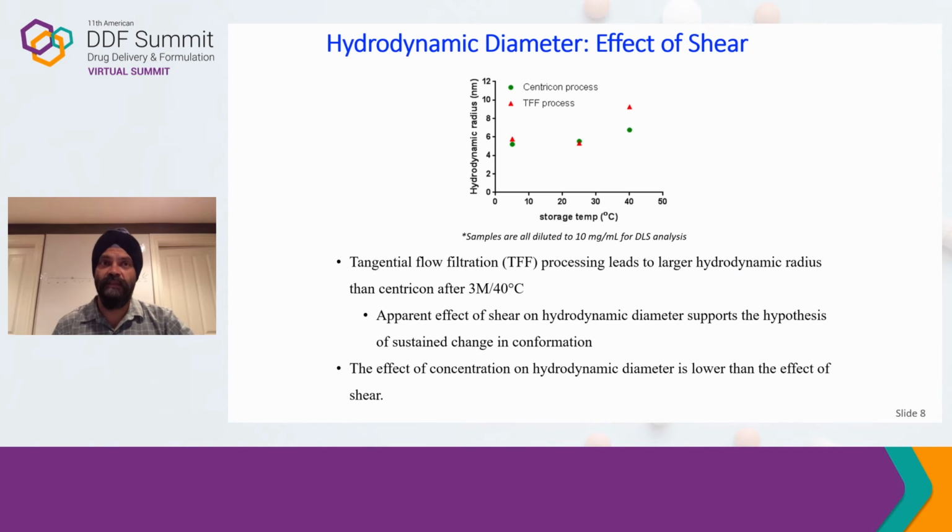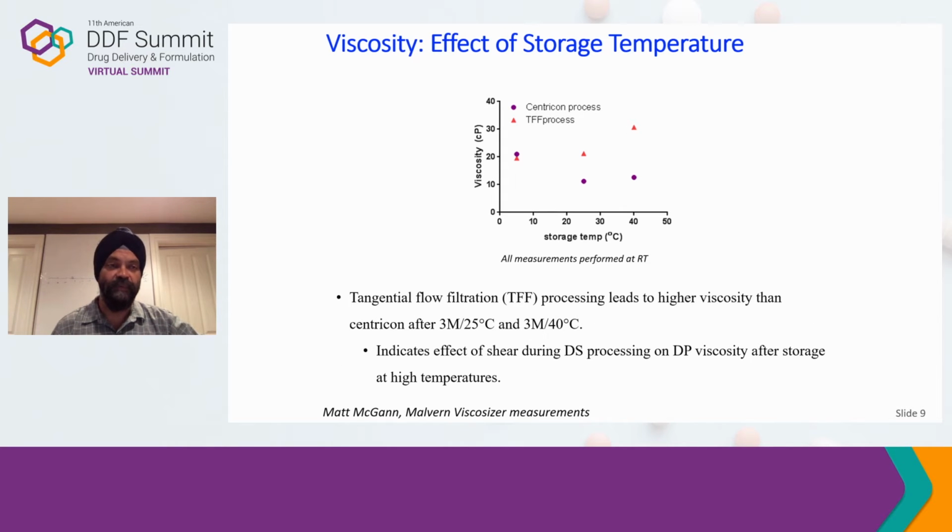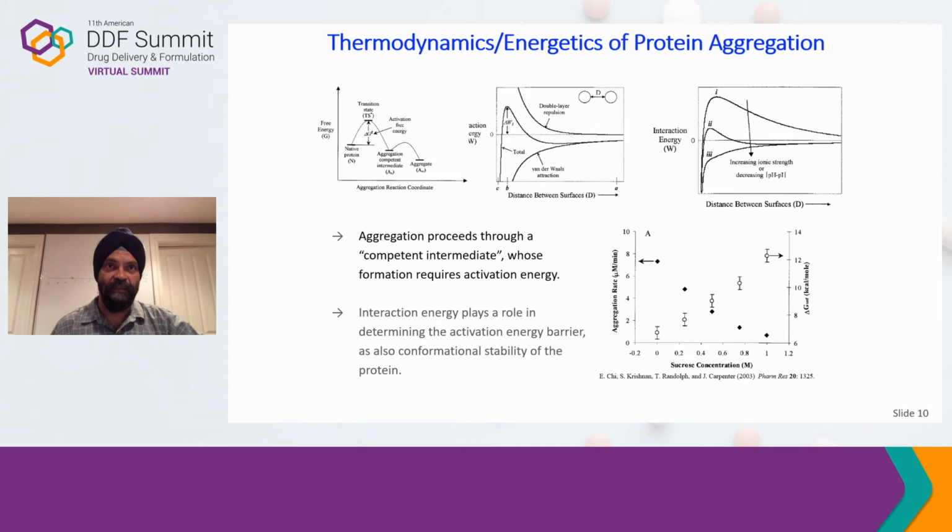And this was linked at a molecular level to the association between the proteins. And this association between the proteins is really driven by the hydrodynamics and also by the surface configuration of those proteins. Now, we had a hypothesis as this work was completed and published. We looked at what is determining the thermodynamics or energetics of protein aggregation.